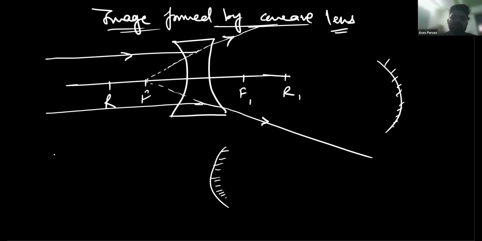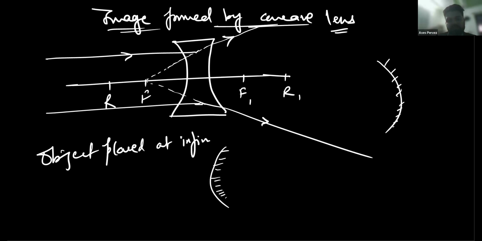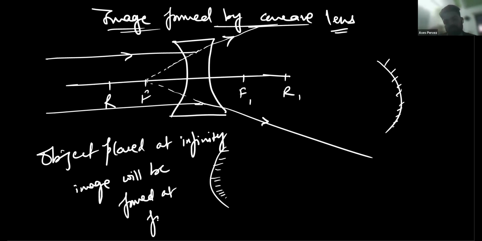So if the object is placed at infinity, the image will be formed at focus. Got it? Understood?